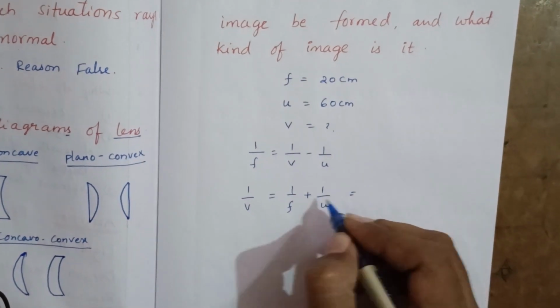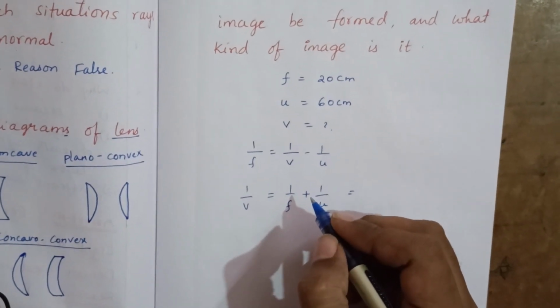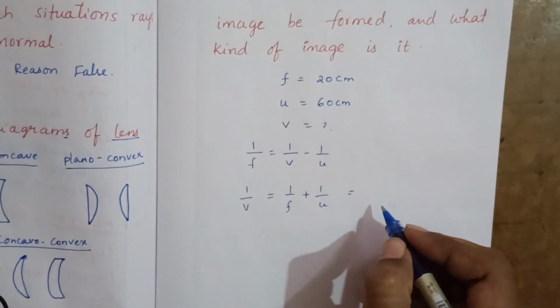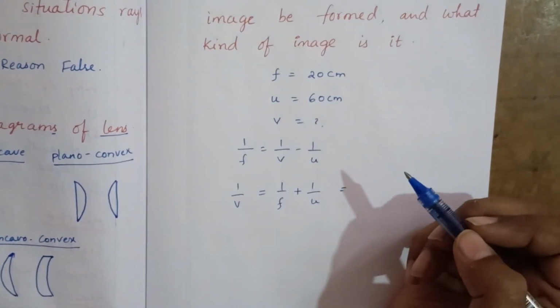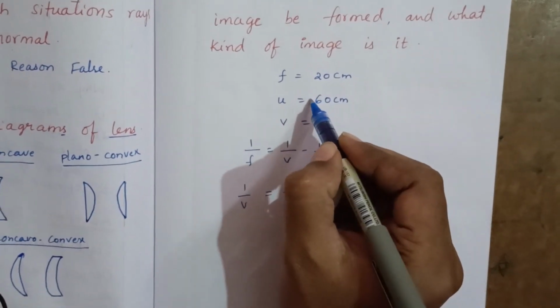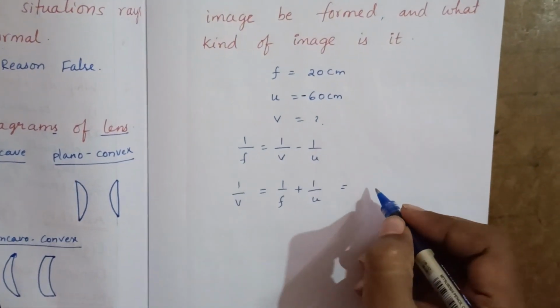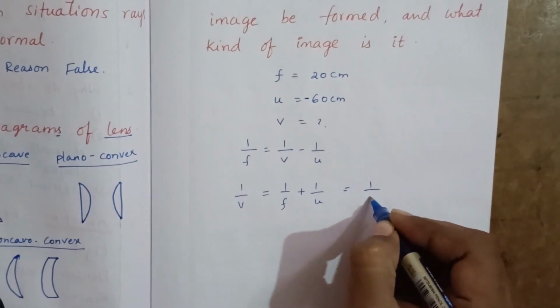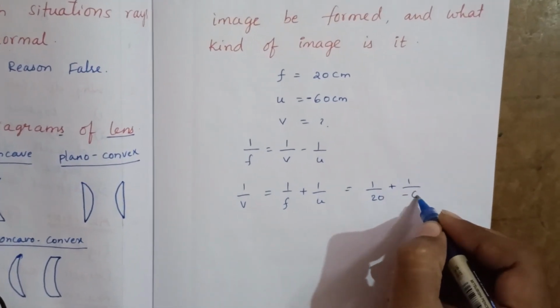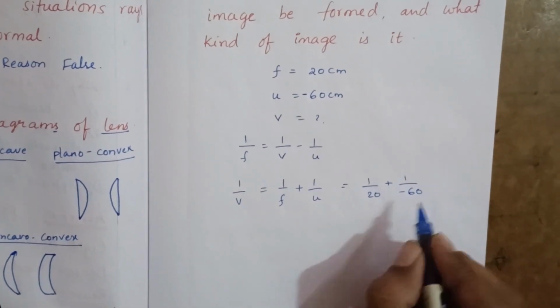So I substitute here 1 by f, focal length of the converging lens, convex lens, biconvex lens, positive 20 centimeters. Object distance, sign convention, negative, minus 60. So 1 by 20 plus 1 by minus 60. Minus into plus is minus.